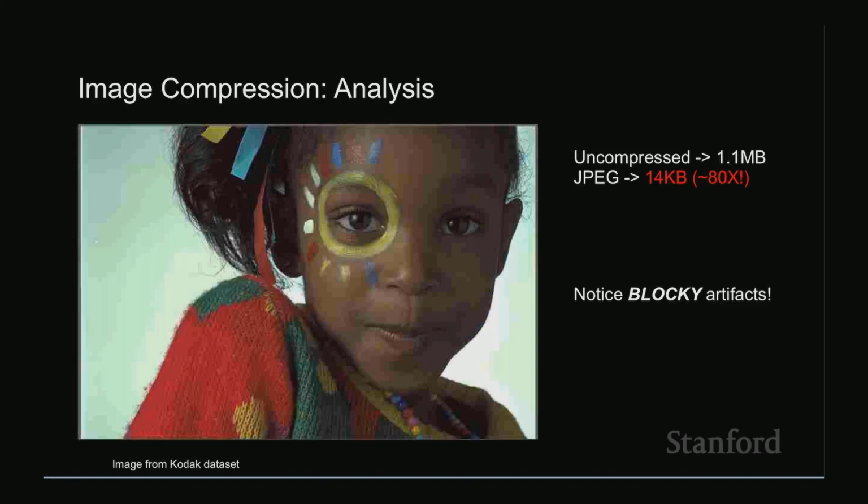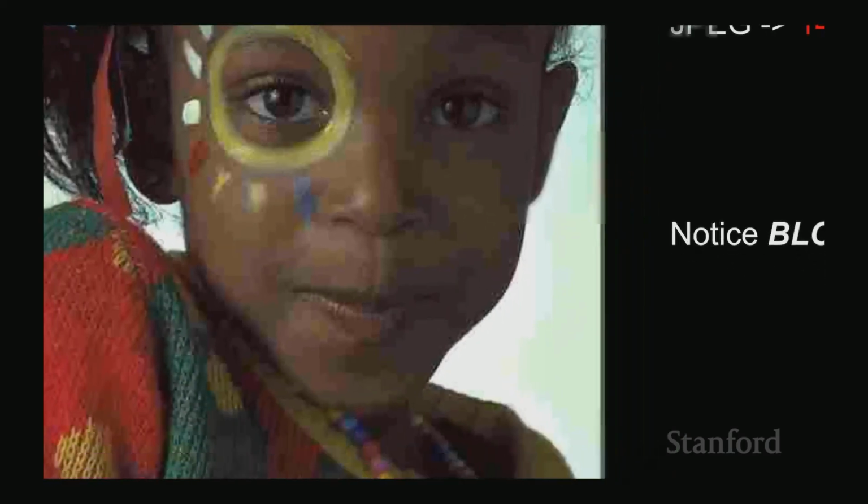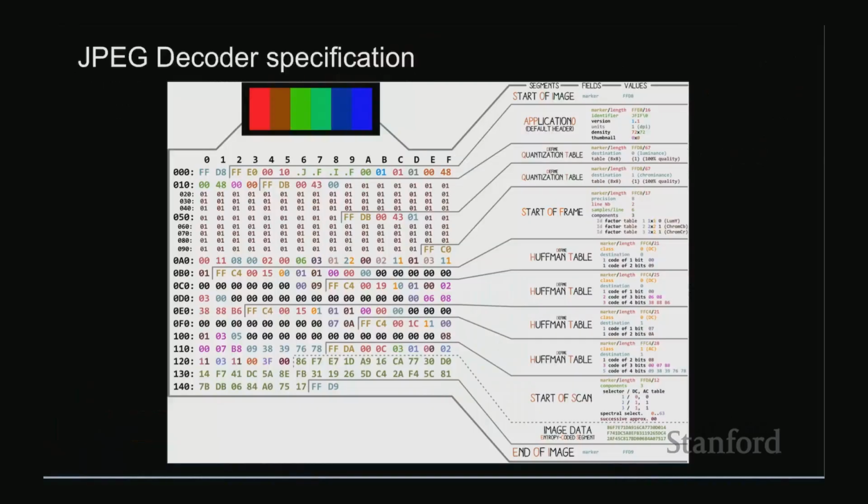A lot of these artifacts look really square-shaped, right? Why are they square-shaped? Because now we are doing things independently in each 8x8 block. So each 8x8 block is processed independently, and you can have these discontinuities which are quite obvious to the viewer, right? Go look at it at home.